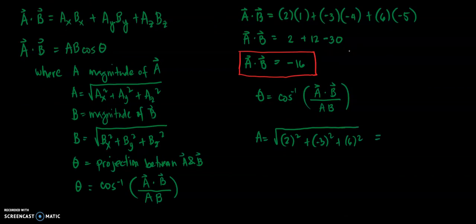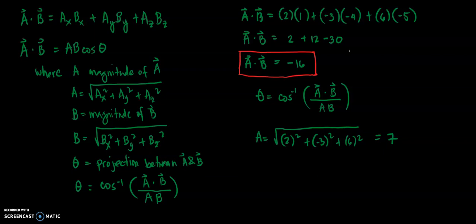And this is equal to 2 squared is 4, 3 squared is 9, 6 squared is 36. So that is the square root of 49, or that is 7.